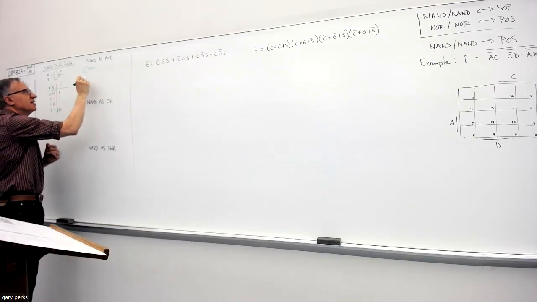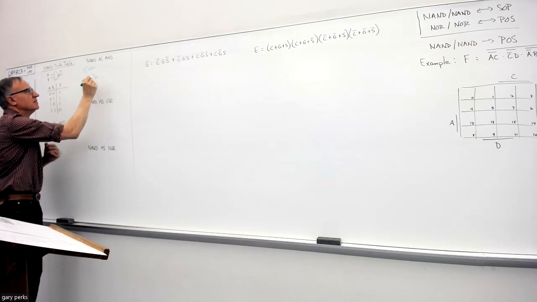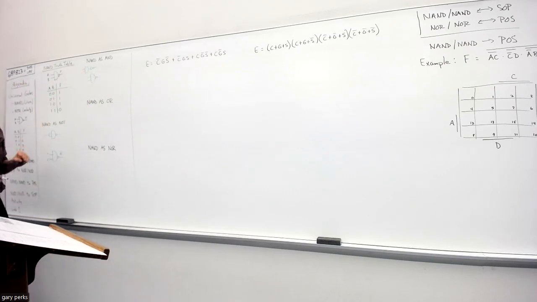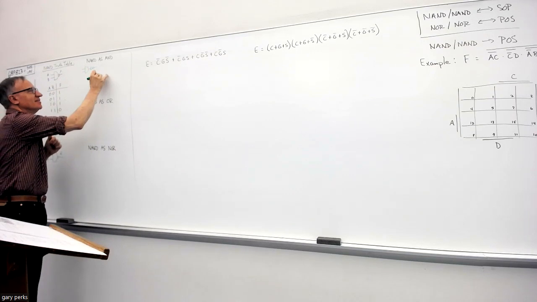So if I take a NAND, which is equal to this, and then I invert the output of the NAND, now I'm back to an AND, because if you have 2 inverters in a row, you're back to where you started.